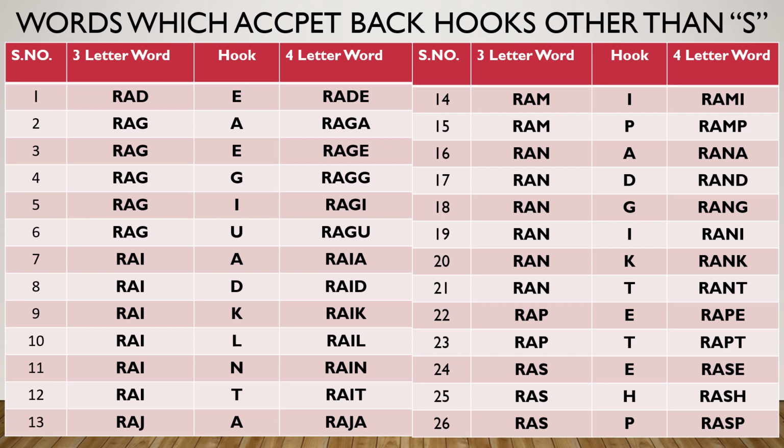RAI accepts A as a back hook, making RAIA, also D, RAID, and K, RAIK. And on this part of the slide, the words RAN, RAP, and RAS, making useful words like RAND, RANA, RANT, RANK, RAPT, RASH, and RASP.